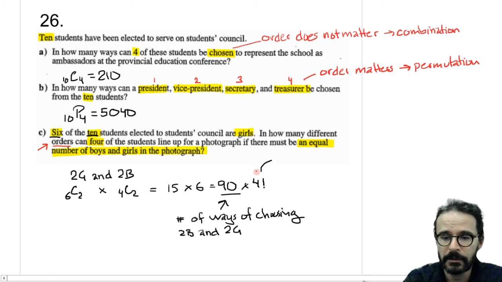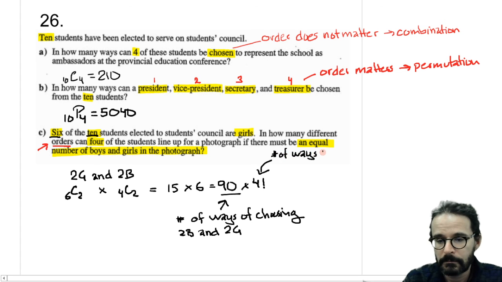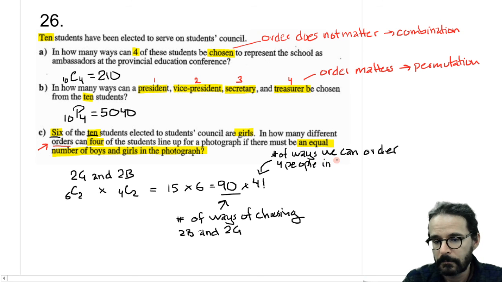And this is because this will tell us the number of ways we can order 4 people in the photograph.